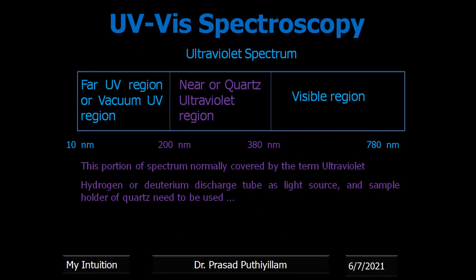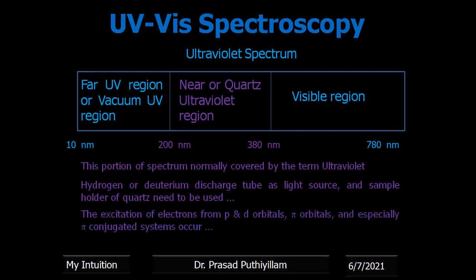our sample's radiation absorbance. The excitation of electrons from p and d orbitals can be studied by using this particular range. Even the pi orbitals, and especially in pi orbitals, there should be a conjugation system, a pi conjugation system, that is an alternate single and double bond system, which we call conjugation.